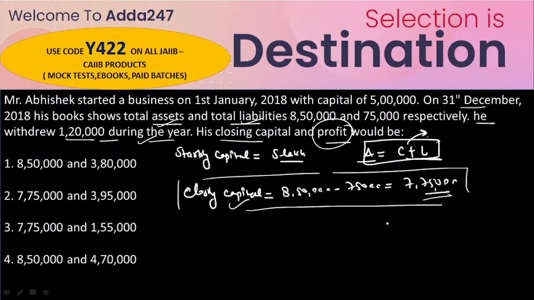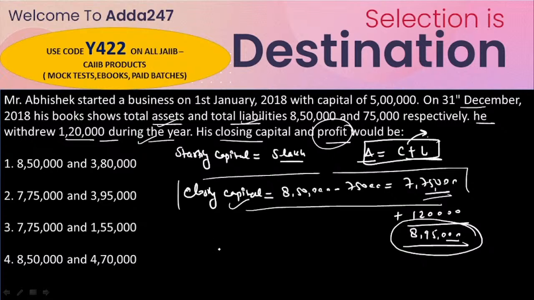That means if we add 1,20,000 rupees to this closing capital, just calculate this, it would be 8,95,000 rupees. So that would be the total capital for the year.